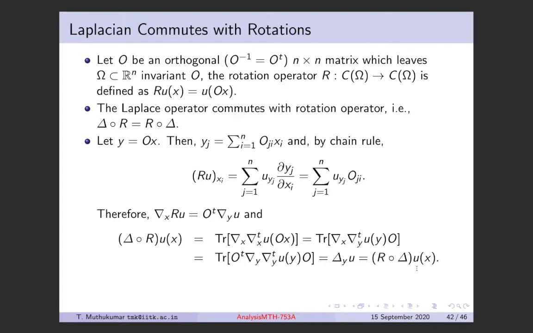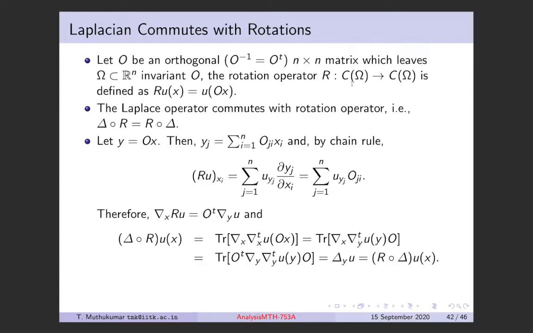So one nice observation one can have with this property that Laplacian commutes with rotation is that if u, which is a continuous function on omega, is a radial function, right? What is a radial function in n dimension? You can think of any point in n dimension in polar coordinates, right? N dimensional polar coordinates.